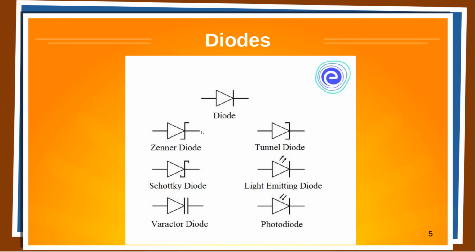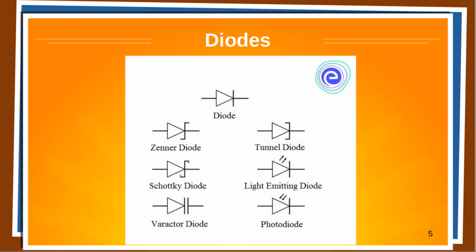That means it will conduct current in the reverse direction at a specific voltage. We have Schottky diodes, where that's supposed to look more like an S. This guy named Schottky invented it.